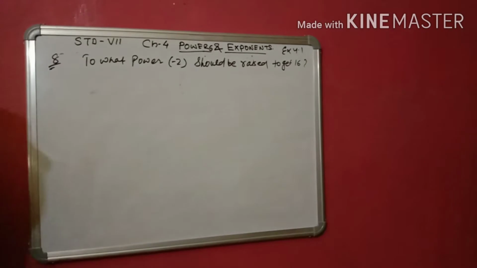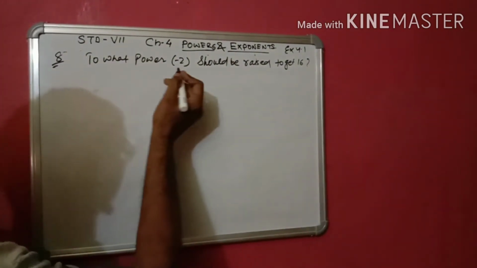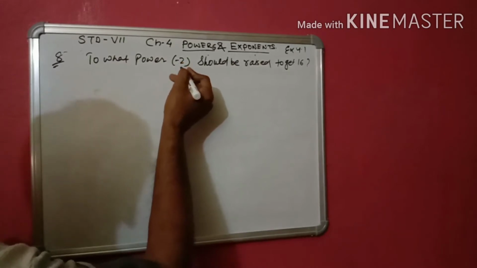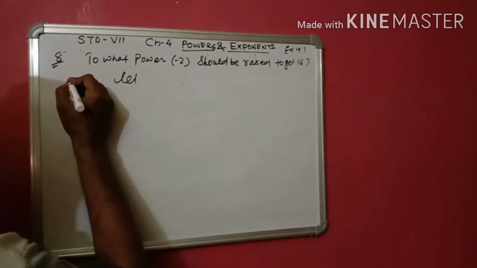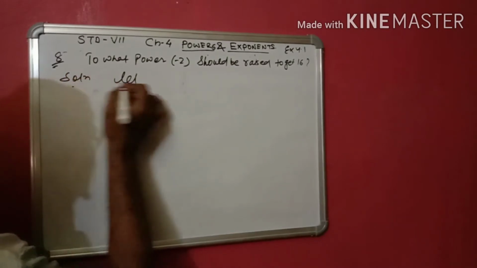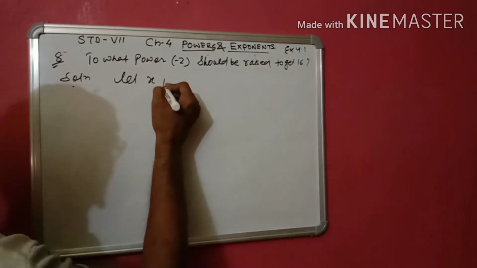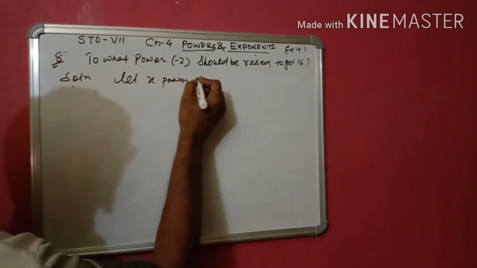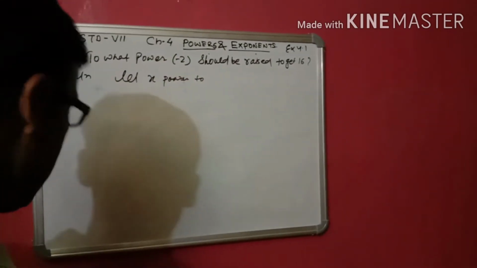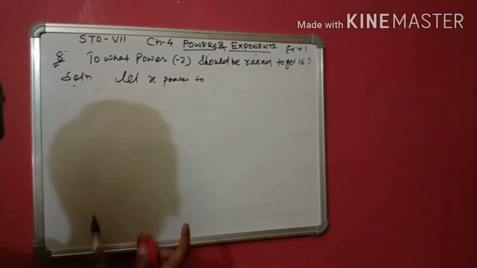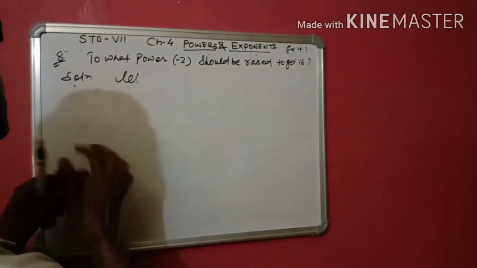Now question number 8, exercise 4.1. This type of question is very important. To what power should minus 2 be raised to get 16? Solution, write down. Let the power be x. Minus 2 is to be raised.